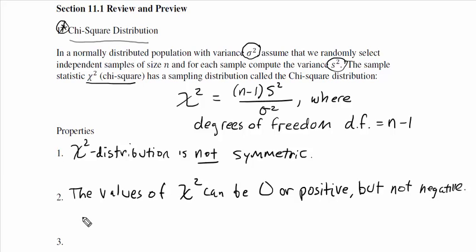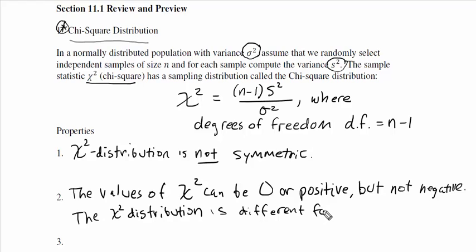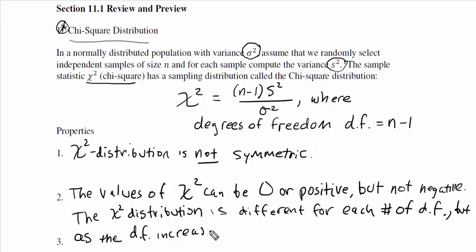All right, property 3. I'm going to try to fit it in here so I don't have to scroll the page down. The chi-squared distribution is actually different for each number of degrees of freedom, but as the degrees of freedom increase, the chi-squared distribution approaches a normal distribution.